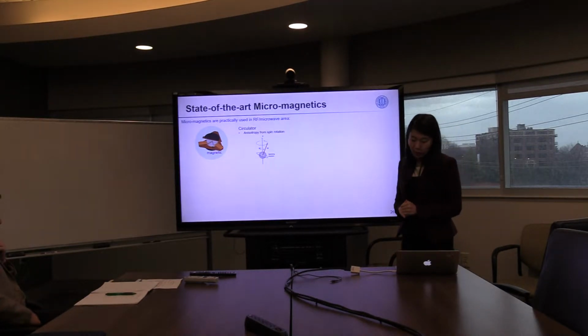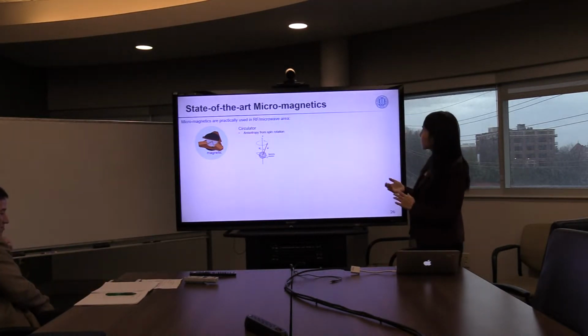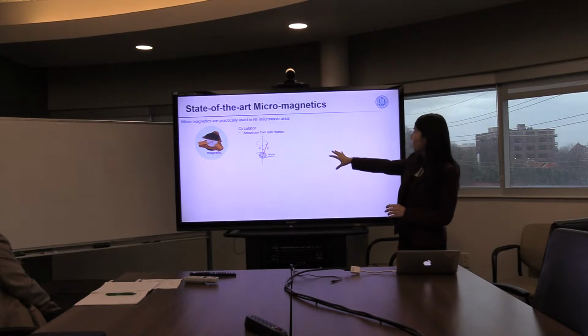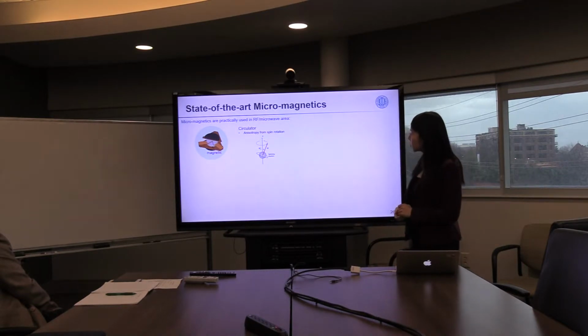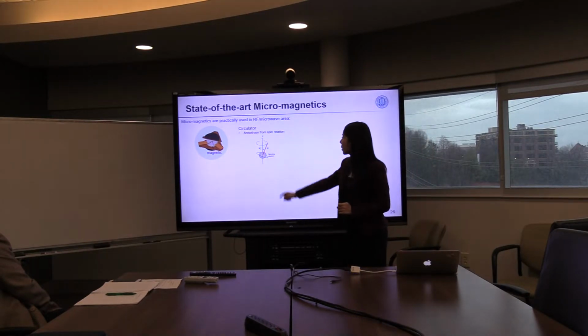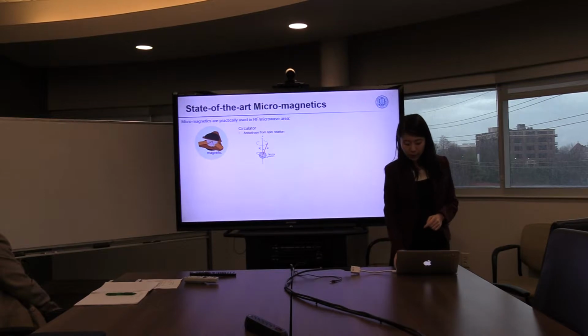Currently, micromagnetics is practically used in the RF area. For example, this shows a circulator that uses magnetic material in the RF area. It uses an anisotropy behavior, which means the spin has a rotation direction.